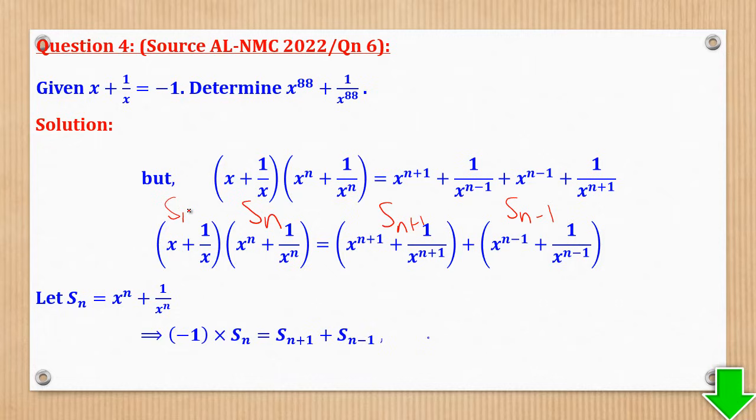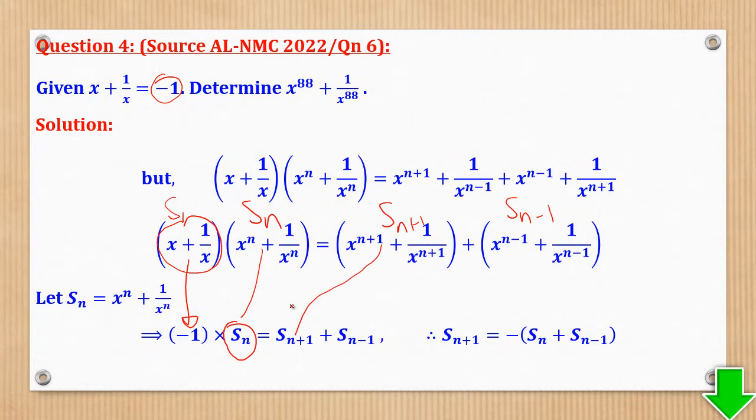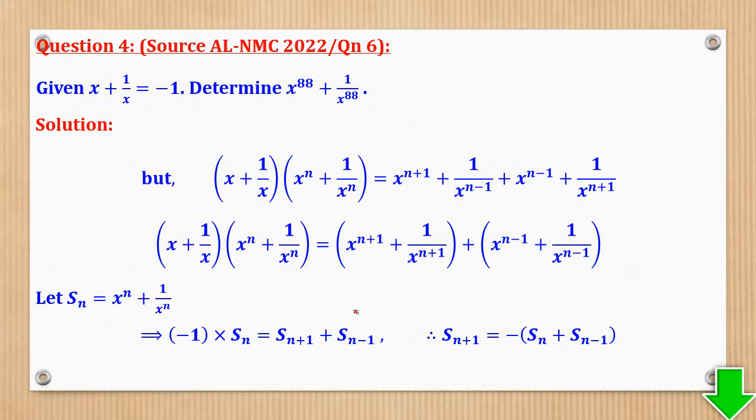So with that, it means that we can now substitute. The whole of this, we know it is negative 1. So put your negative 1 there. This is Sn. This is Sn plus 1. This is Sn minus 1. Then make this the subject. I'll come up with this.